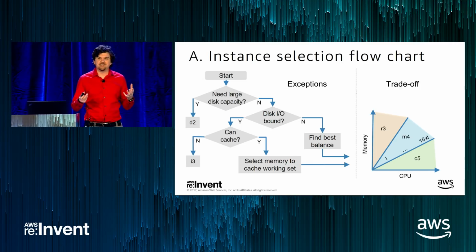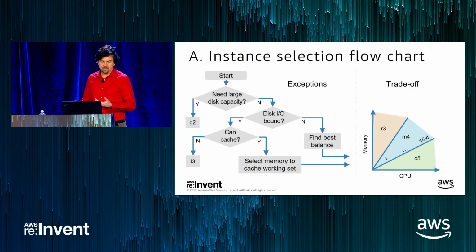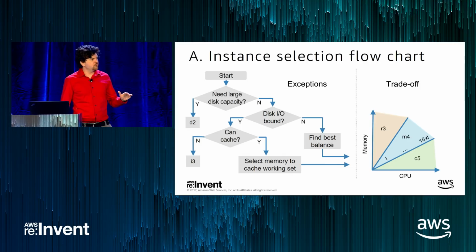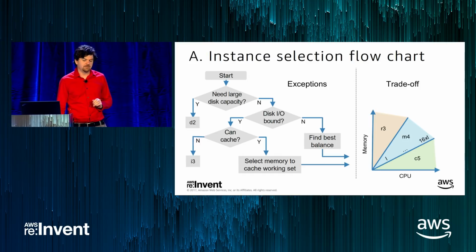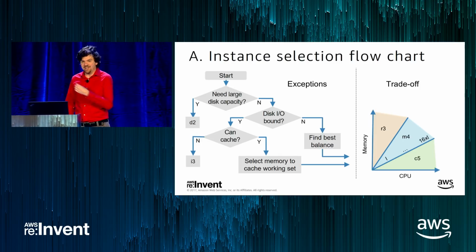What is the working set, which is how much of the data is accessed frequently, say within an hour? If it can cache, we may be better off trying to cache it in main memory, DRAM, and then picking an instance type like an M4 or an R3. If it can't cache, then we're going to pick the best storage instance type available, currently an i3, with NVMe SSD devices.